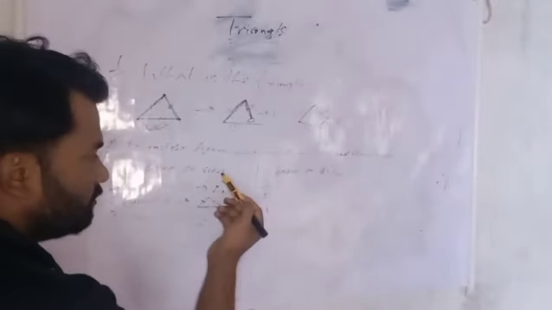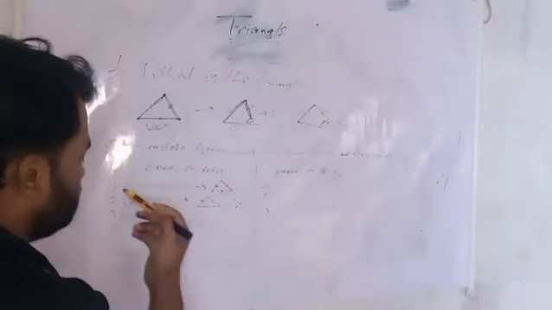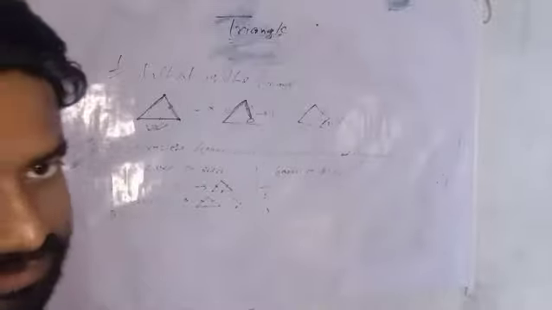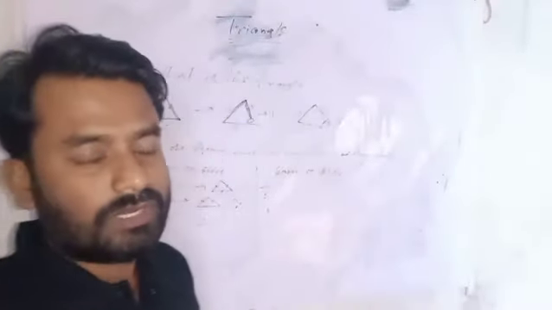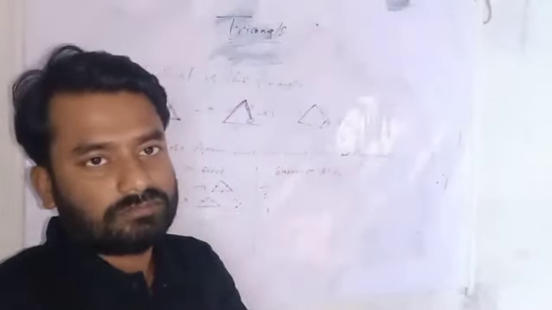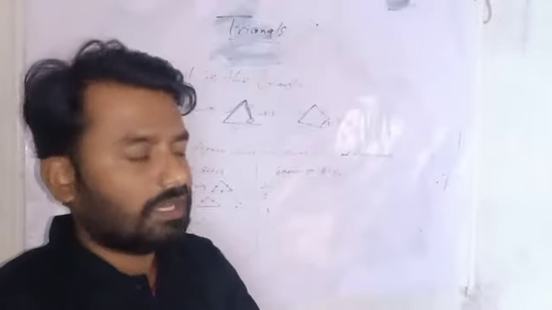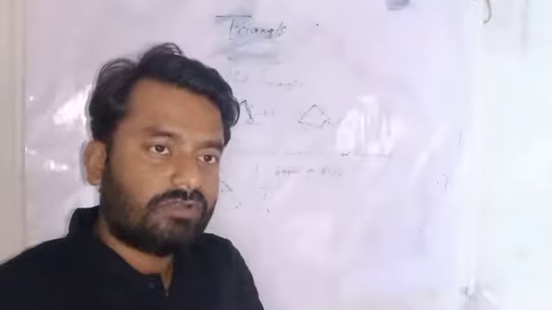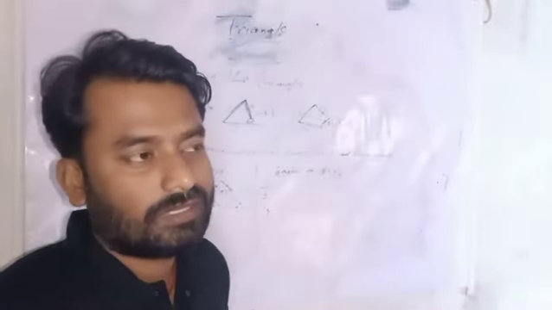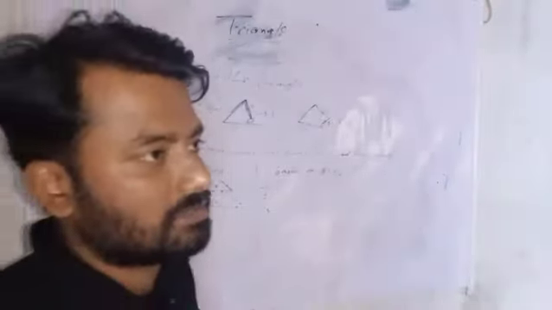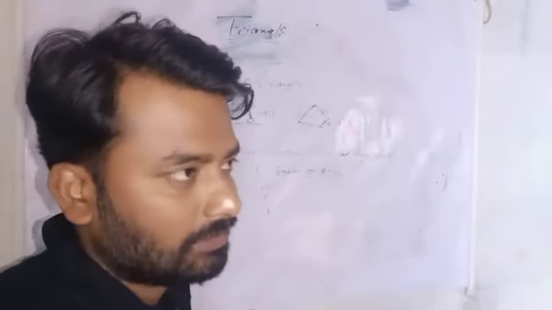Second, the types of triangle based on their sides: equilateral, isosceles, and scalene. An equilateral triangle has all 3 sides equal, an isosceles triangle has only 2 sides equal, and a scalene triangle has no sides equal.